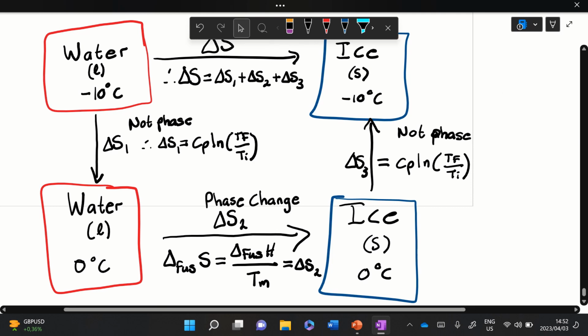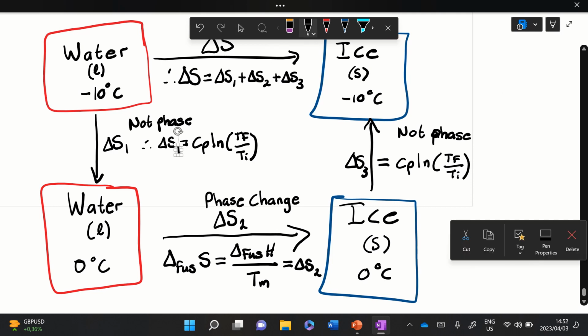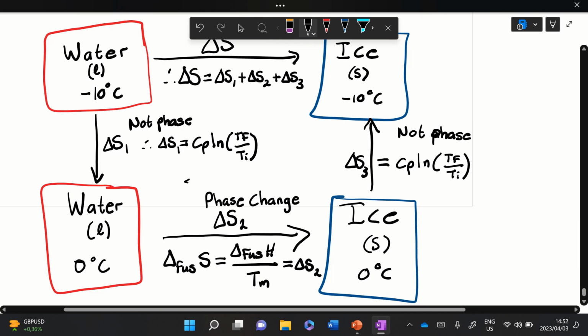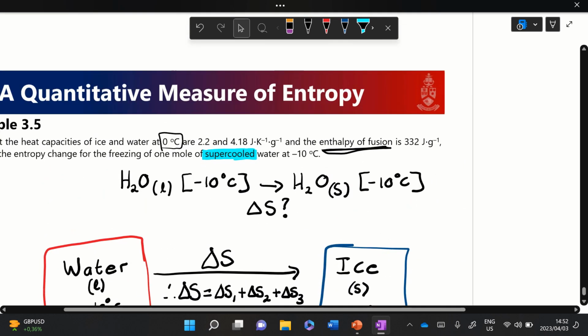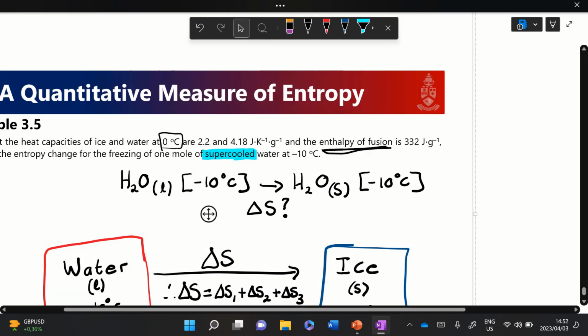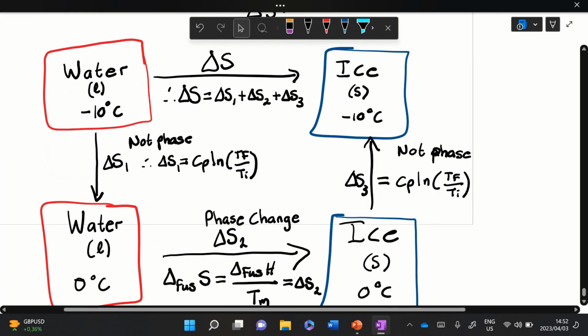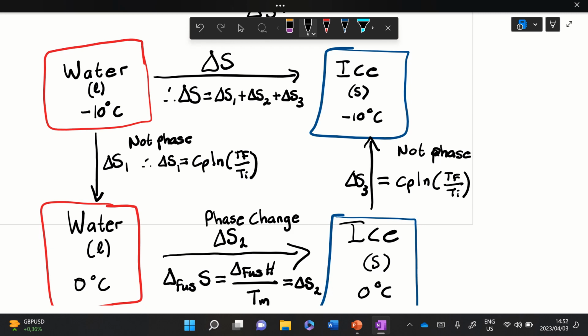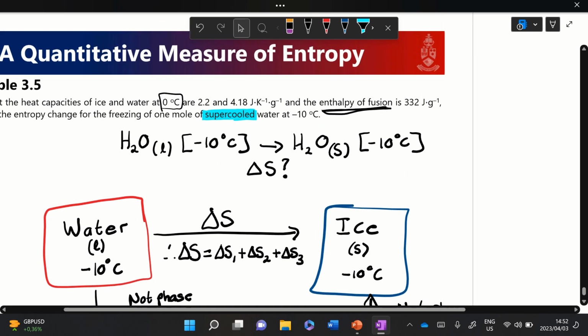You need to think about breaking it up, even though it says heat capacity of ice and water at 0 degrees Celsius. You use that information to calculate the changes from minus 10 to 0, and then you break it up into these little sections that we use. Actually, I touched on a little point there, but maybe I should explain it a bit better.